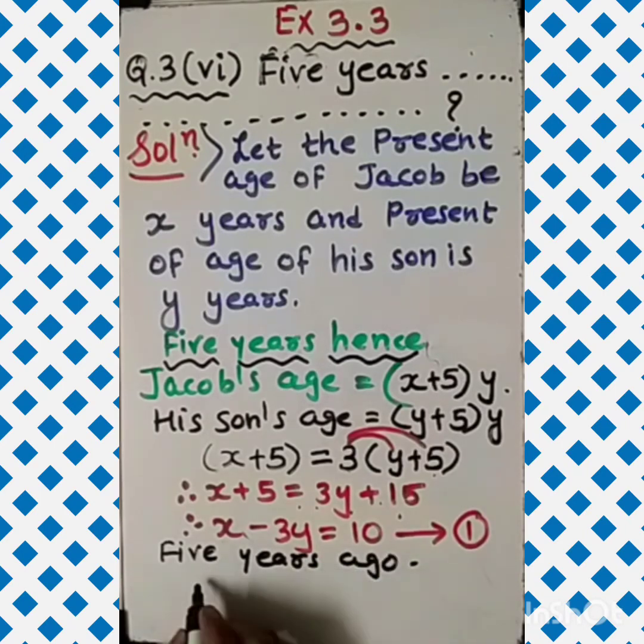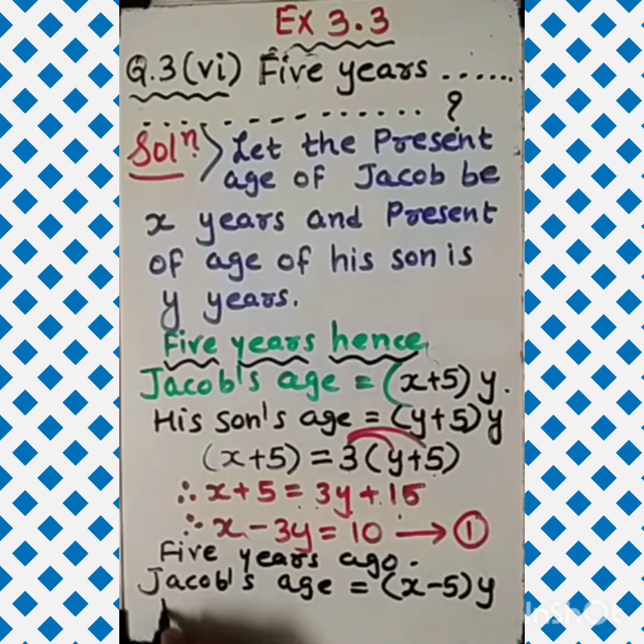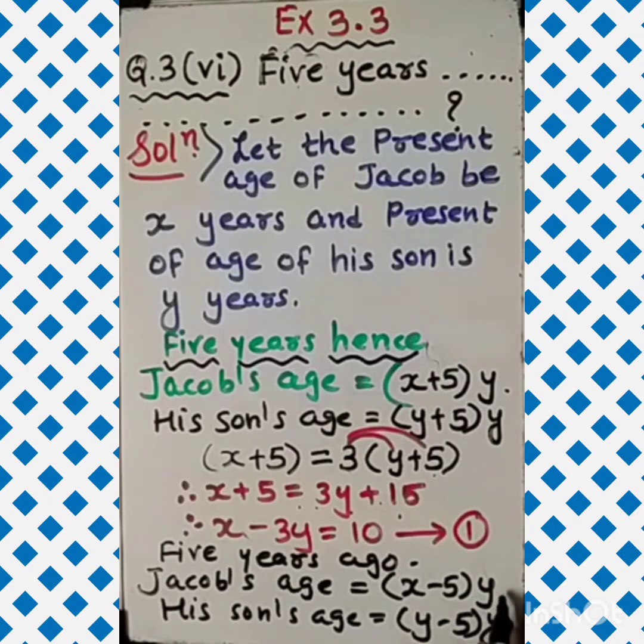It indicates that at that time Jacob's age will be X minus 5 years, agree? And his son's age will be Y minus 5 years.